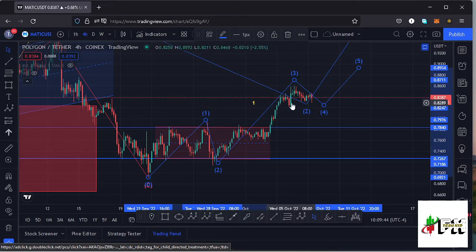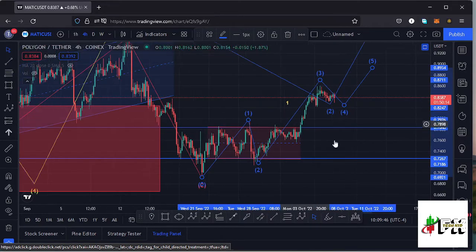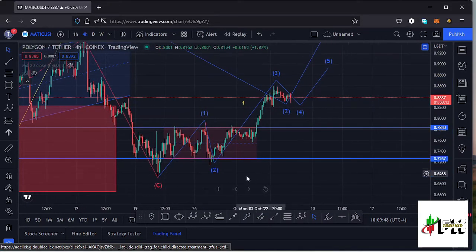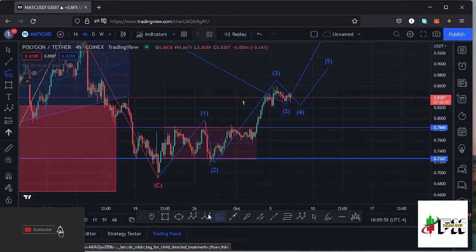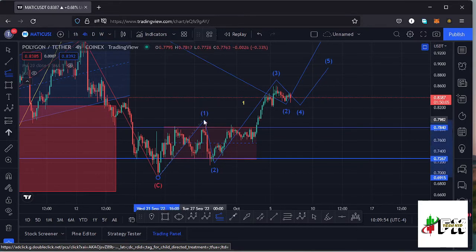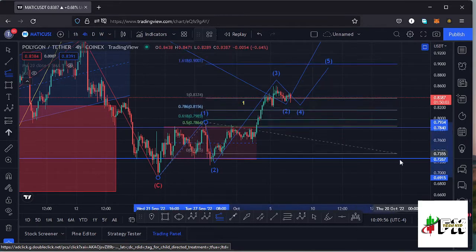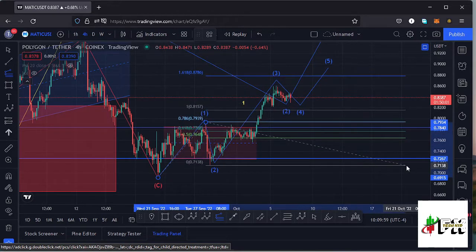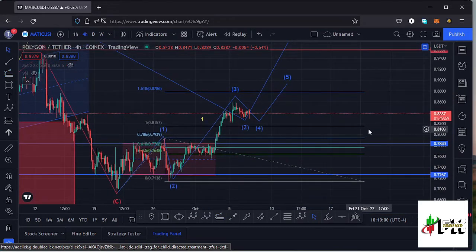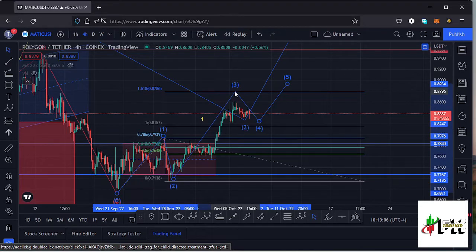And since we are in the formation of a third wave to the upper side, we can also sketch out a target area to the upper side in the formation of that third wave, using the trend based Fibonacci's, connecting them from the low of the wave 1 to the high of that wave 1, then dragging the fibs to the low of the wave 2. That gives me a minimum target area to the upper side in the formation of that third wave at the fib level 1.618, and that is at around the $0.8786 mark.